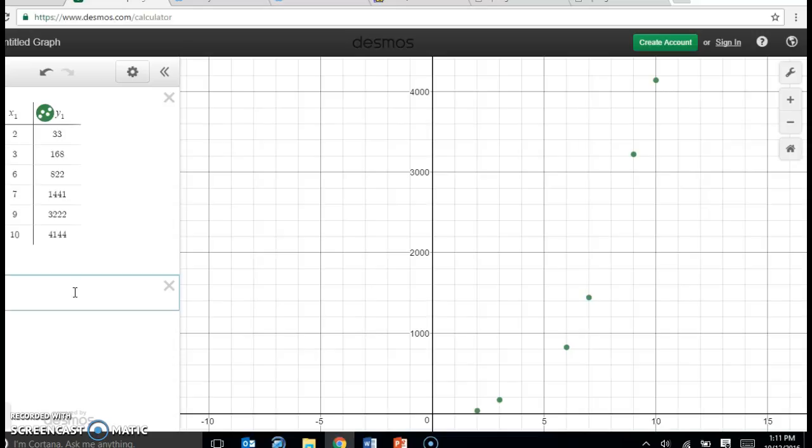In our table, our y value is y sub 1, or y1. Then to tell the program that we're doing a regression, we use the tilde. When you said y sub 1, did you just put one? Yeah, y and the number 1.